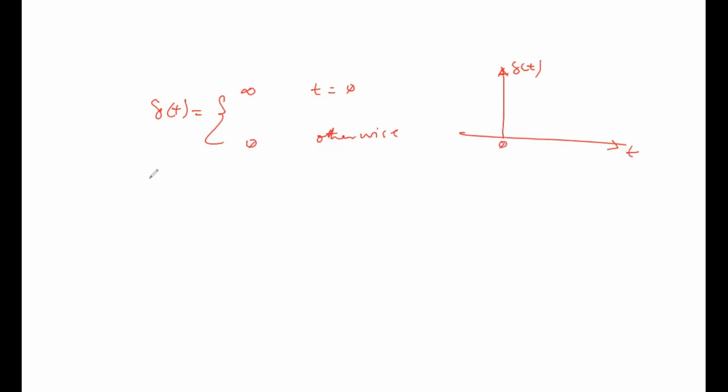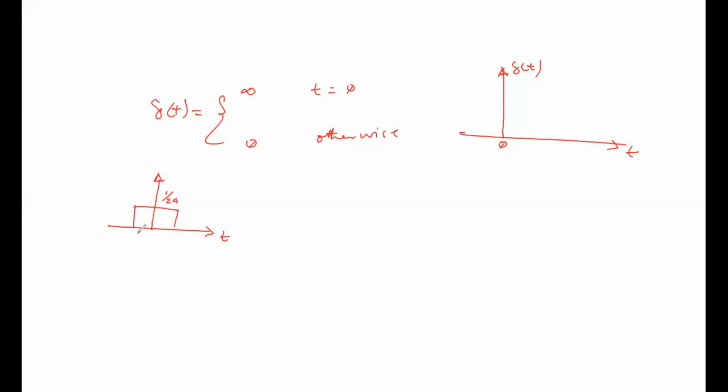Now, this we already explained earlier, let us consider a rectangle, for instance. This is a rectangular function, having the amplitude of, say, 1 over 2a.